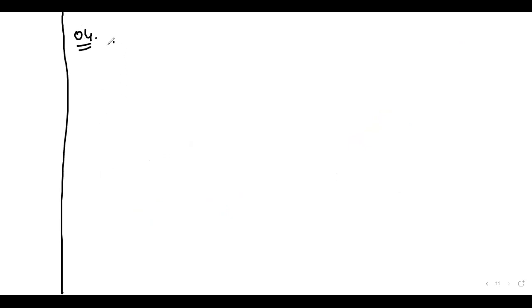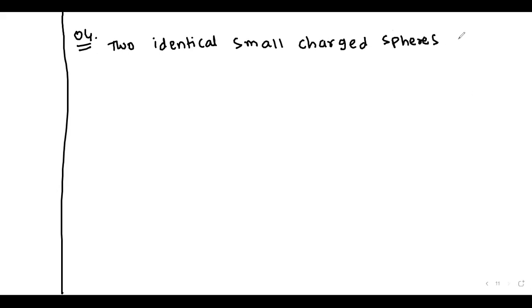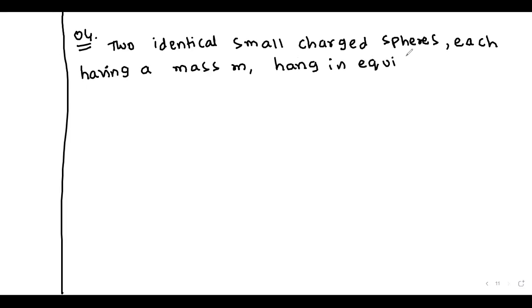Next question. Write down: two identical small charged spheres, each having mass m, hang in equilibrium as shown in diagram.